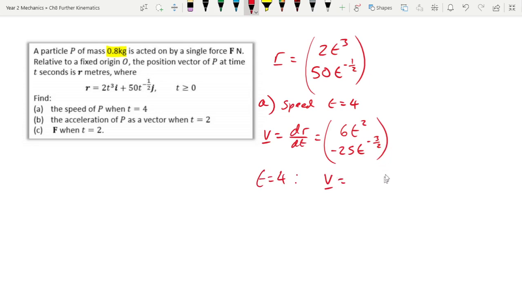So I will get 96 on the top when I type it in my calculator, and on the bottom I get minus 25 over 8. That's the velocity at that point in time. The speed, obviously we can just use Pythagoras, so 96 squared plus this value here squared, square rooted. And that gives me 96.1 meters per second.